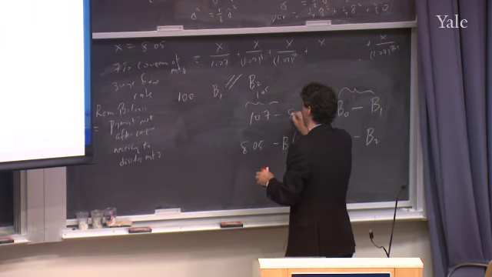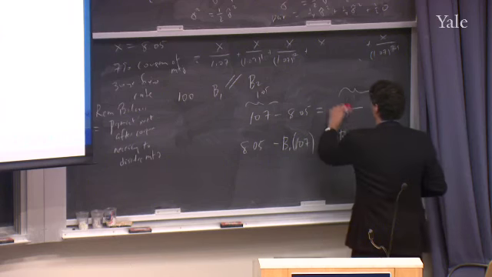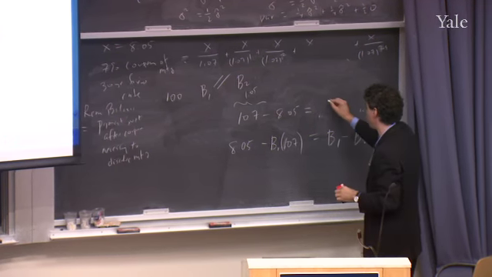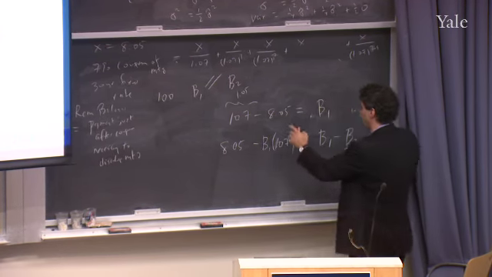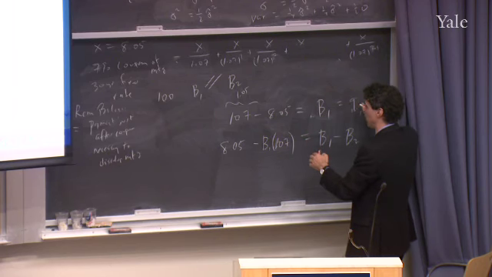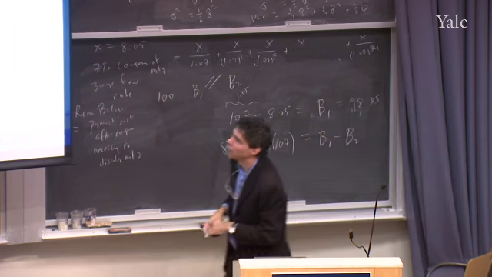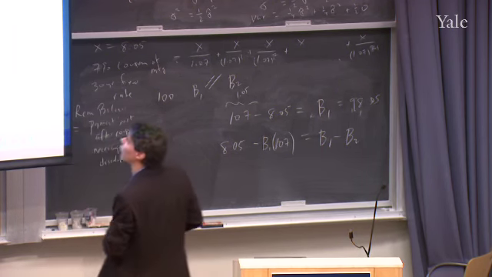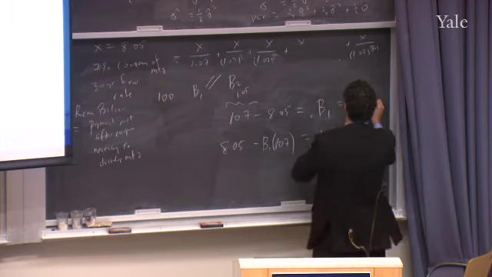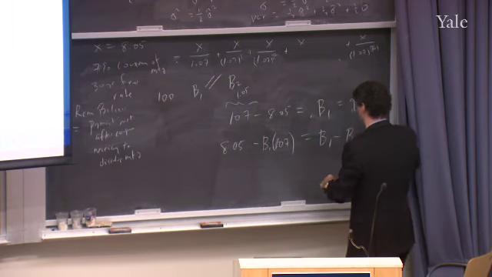107 minus 8.05 is going to be the new B1, which happens to equal 98.95. Right?